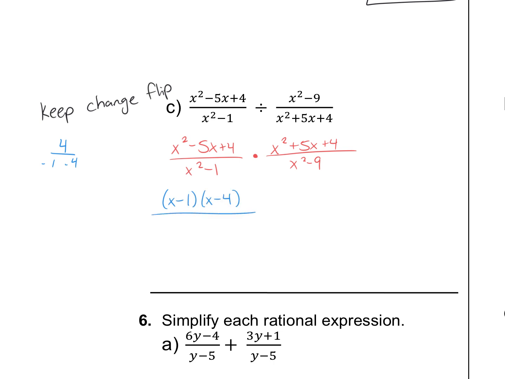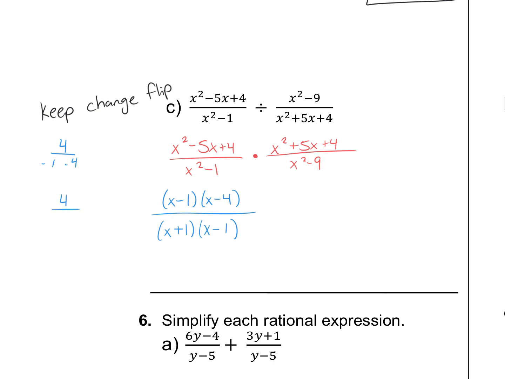What does x squared minus 1 turn into? X plus 1, x minus 1, because it's a difference of squares. What about x squared plus 5x plus 4? Factors of 4 that make 5.